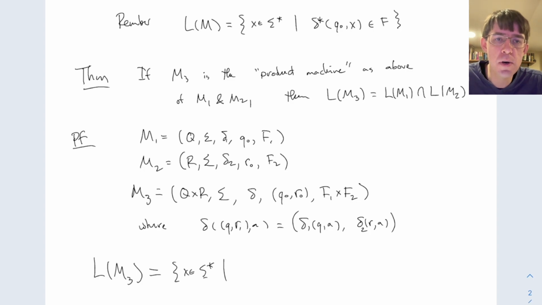So x in sigma star such that delta star of, now in M3 the starting state is (Q0, R0). So instead of this Q0 here, I'm using the appropriate starting state for M3, (Q0, R0), x is in, and instead of F, the appropriate set to use in M3 is the accepting states for M3, which is F1 cross F2.